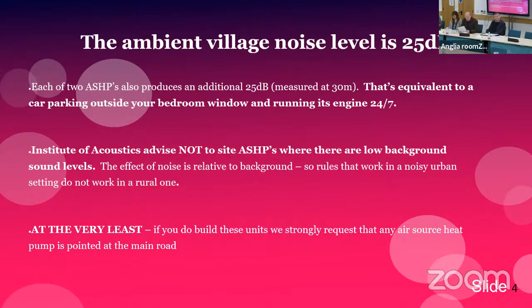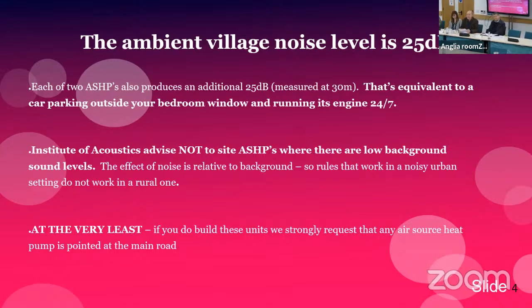Now, if you put 2 air source heat pumps there, they also produce an additional 25 decibels measured at 30 meters. And I've gone on the Institute of Acoustics website, and you can get a spreadsheet to calculate all of this stuff. It's equivalent to parking a car outside your bedroom window and running it 24/7 during winter. That would be the effect of this.